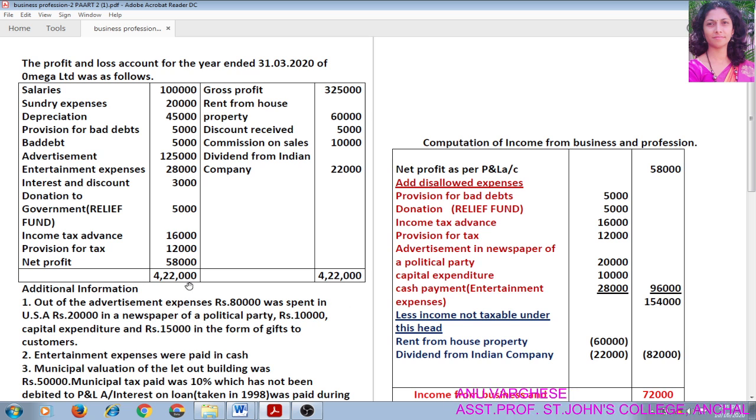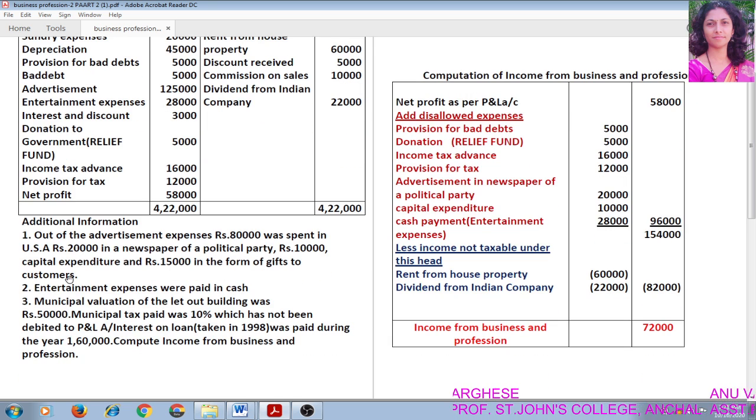Net profit. Additional information. Out of advertisement expenses, rupees 80,000 was spent in USA, rupees 20,000 in a newspaper of a political party, rupees 10,000 capital expenditure, and rupees 15,000 in the form of gift to customers.